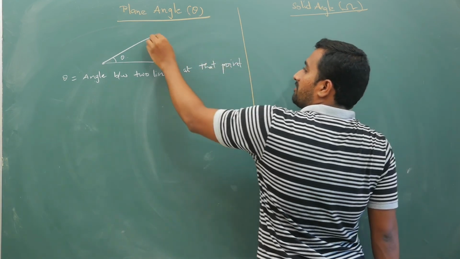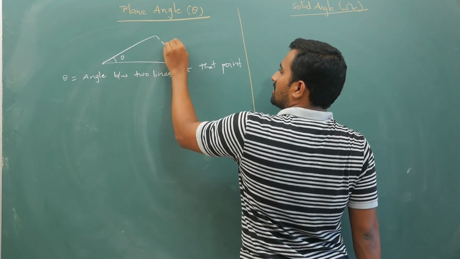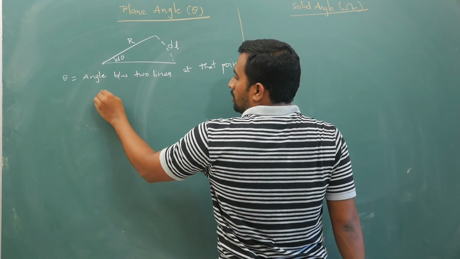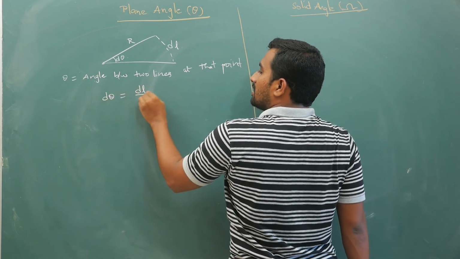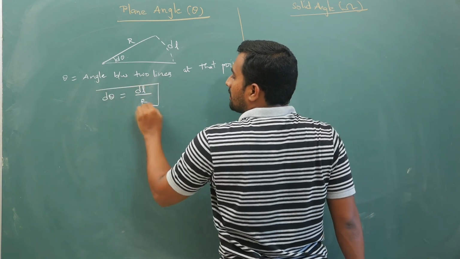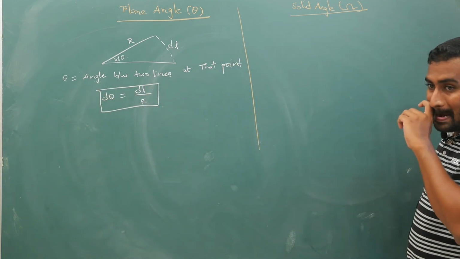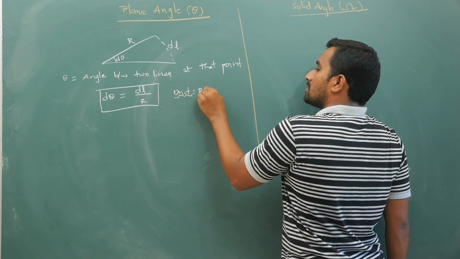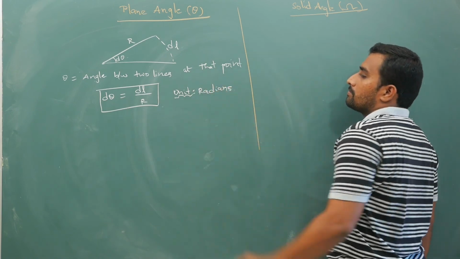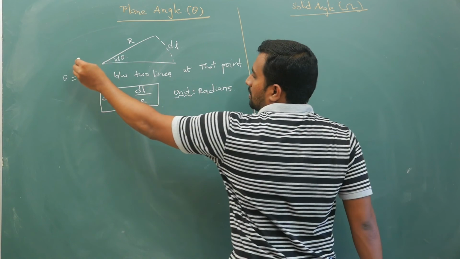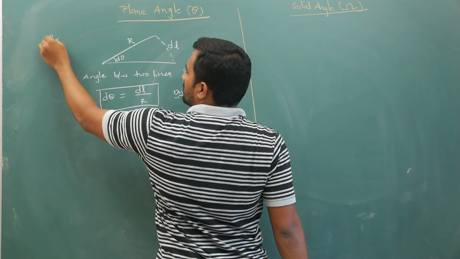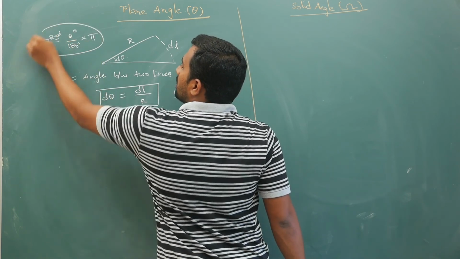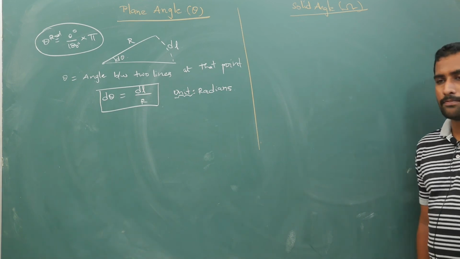If it is a circular arc, if it is dl, and if this is r, and this angle is a small angle d theta, then your plane angle d theta is the length divided by the radius. The unit of plane angle is radians. If you are trying to convert degrees to radians, theta in radians is theta in degrees divided by 180 degrees, into pi radians. This is your plane angle.